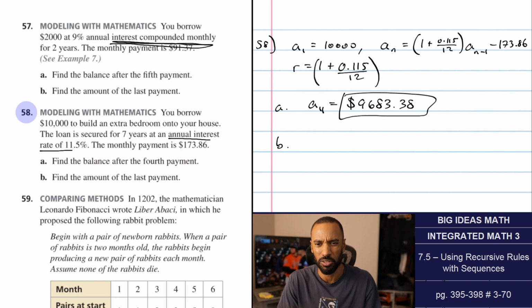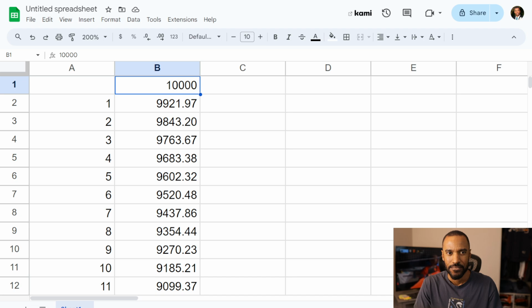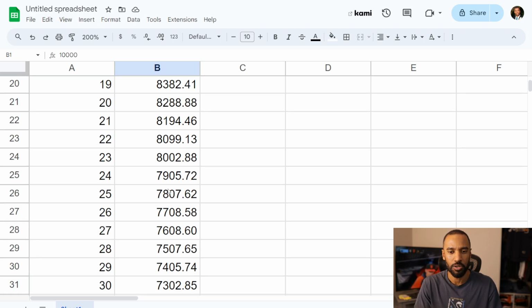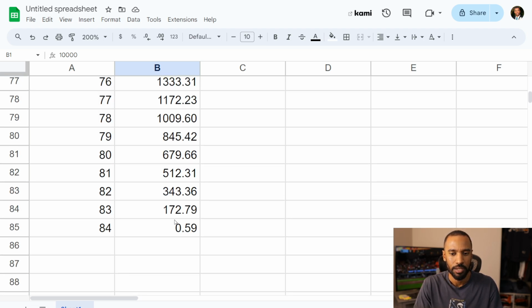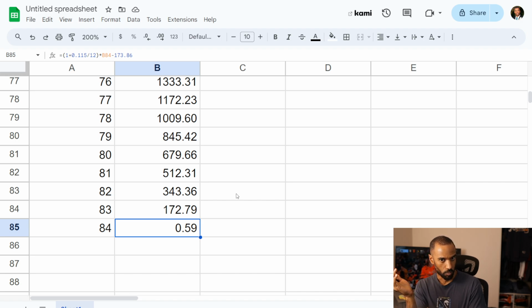This is where I'm going to be a little confused. Maybe my Excel thing is doing some parts a little imprecisely, but I figured we would have hit a negative value there. Instead it says 59 cents, because that means that I'm still paying 173.86.